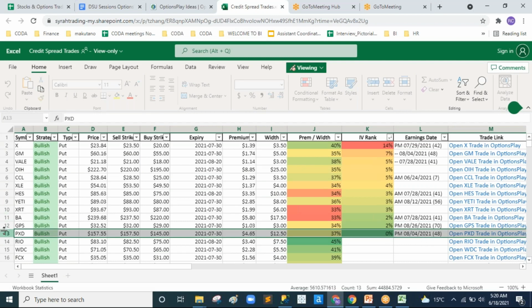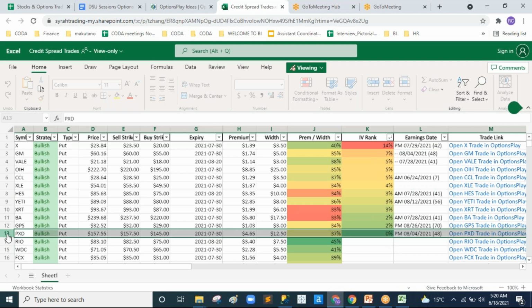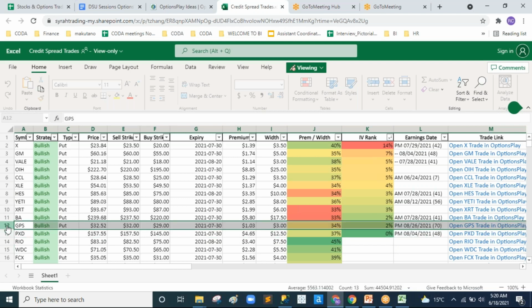Oh, here it is. This has earnings in the next 70 days. Yes, so that is within the range of the diagonal, for the short term. But can you risk it with the long term one? Yeah, you can. Okay, let's look at it and see if it offers technically.